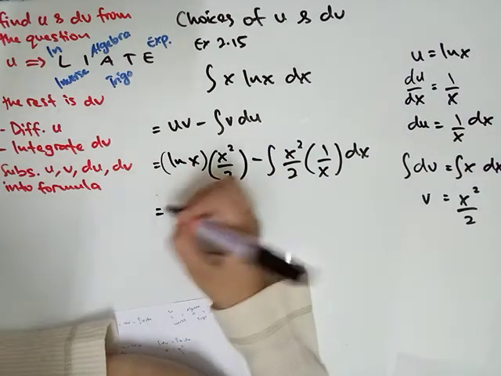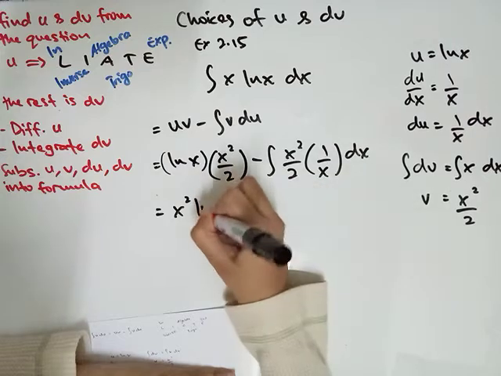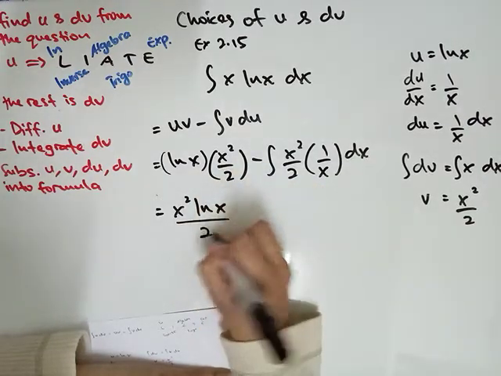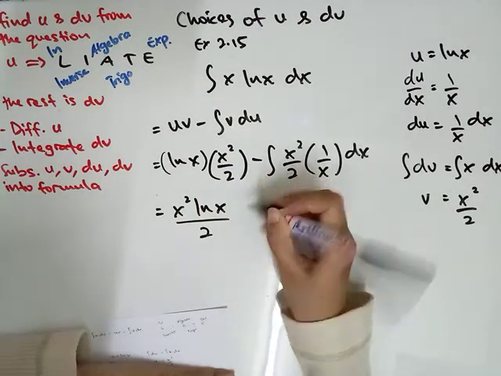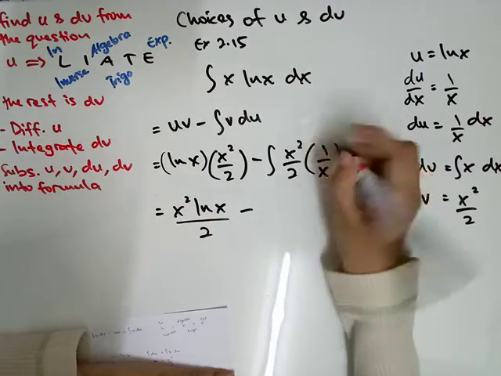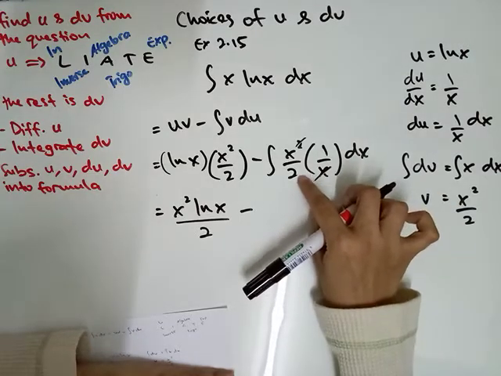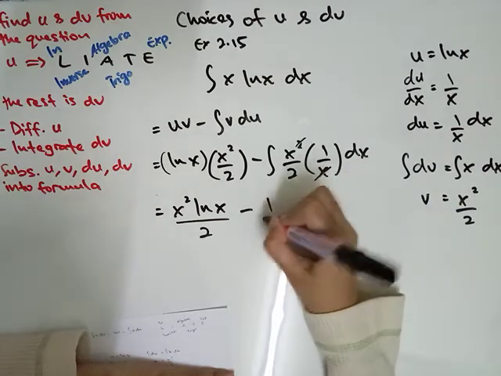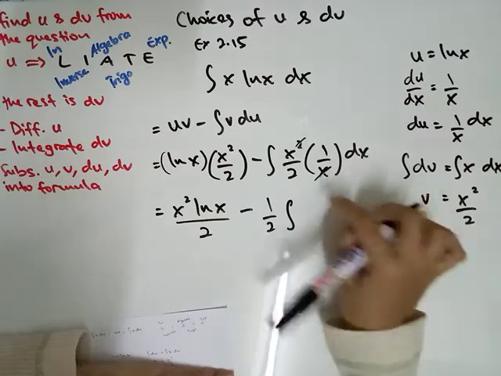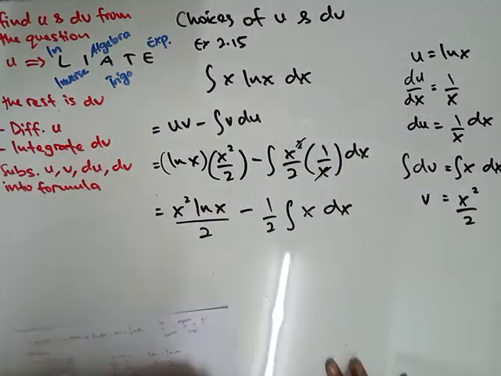Awak nak bawa x square ke depan pun tak apa, tak ada masalah. x square ln x over 2, and then minus, x we can cancel out with this one. x square dengan x, cancel out. 1 over 2 is a constant number. Take out the constant number. Integrate apa? Integrate x only, dx.